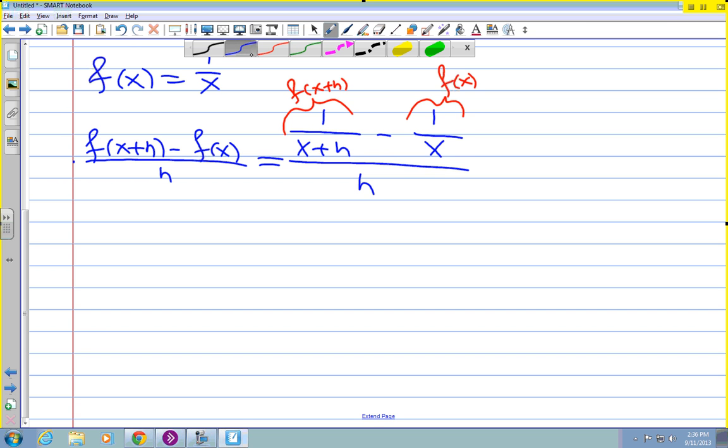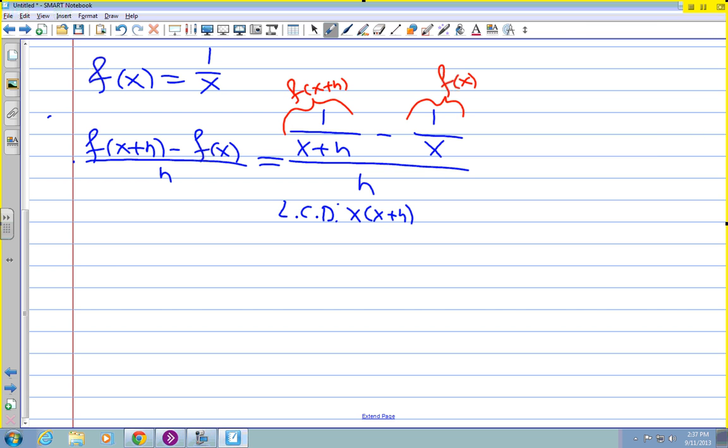Why did you do the reciprocal? Well, because that's what I decided. That's my function, right? It's 1 over x. Somehow, you have to multiply it by something. On homework 0, you had those types of problems where the best way to deal with this problem is to find the LCD, which is x times x plus h.